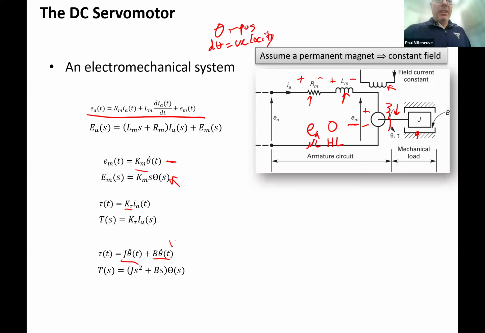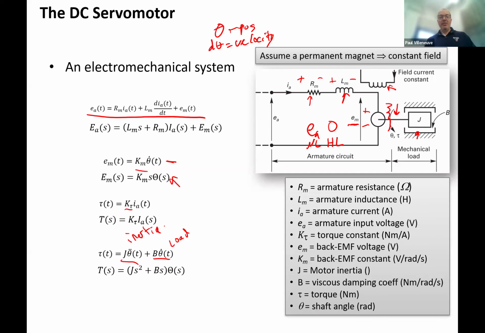So this could be load, and this is my inertia. So the mechanical torque, the output torque that the motor is delivering, is going to be the sum of those two. Take that to the Laplace domain. Here are the parameters to equate those terms: RM, LM, IA, EA. You can take a look and see what those terms are.